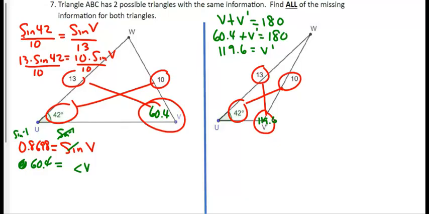So from here, we're going to find the third angle of the triangle, in both cases, W's. So 180 degrees, take away the 42 and the 60.4, and this angle is 77.6. And then 180 minus the 42 minus 119.6 makes this angle 18.4 degrees.